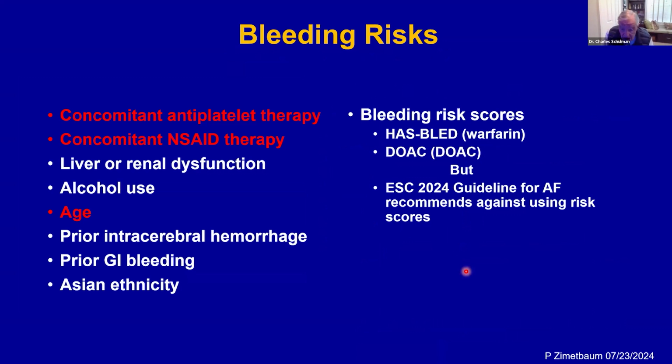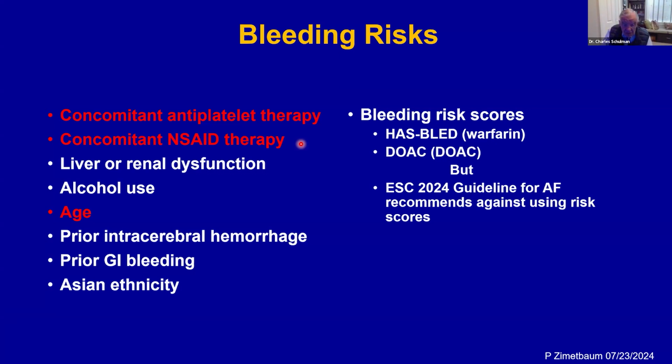To balance the benefit in reducing thromboembolism, we have to consider the bleeding risks, especially as presented with patients already on antiplatelet therapies, patients who take concomitant nonsteroidal anti-inflammatory agents, and this is sort of a bugaboo because people take ibuprofen or naproxen and don't tell you about it.